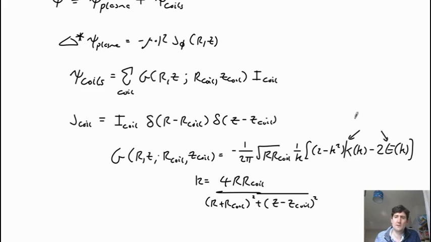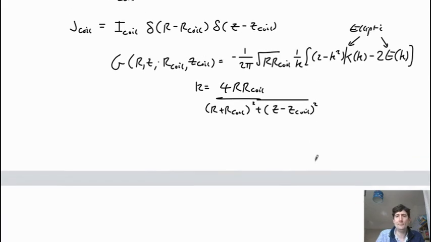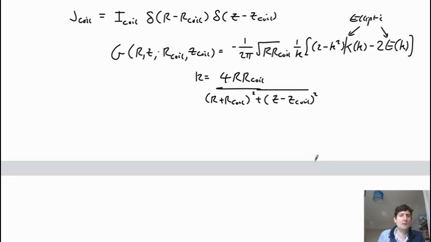So of the first and second kind. So this is the first kind and this is the second kind. So these can be looked up in tables or libraries, for example. And this gives a way of calculating analytically to high accuracy the field due to a coil. And in the RZ plane, it looks a little bit like this.